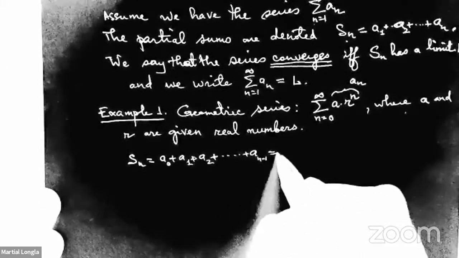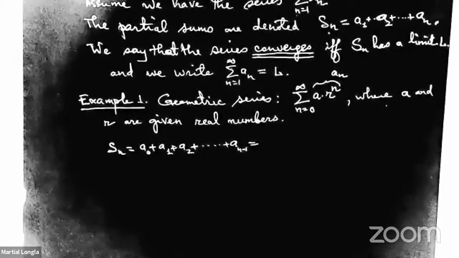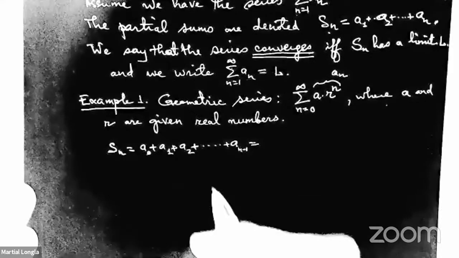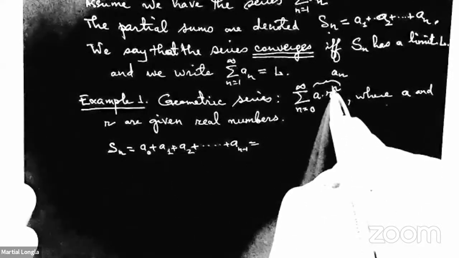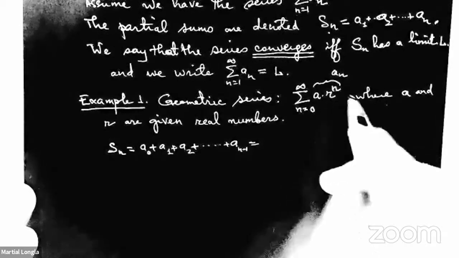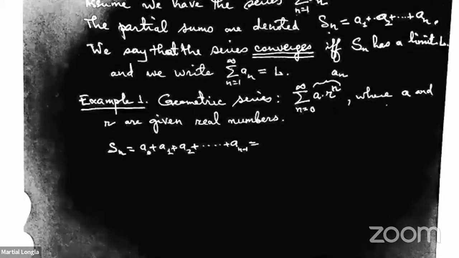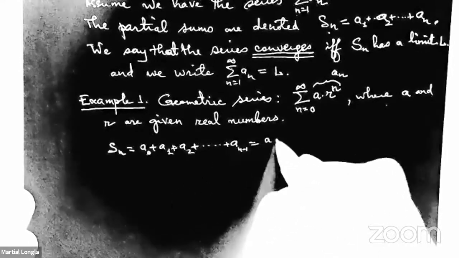Now put in each of them as is, and here we will be repeating how to read the indexes. a_0 means put n equals 0 in this formula, so that would be a times r to the power 0. r to the power 0 is 1, so that is a.